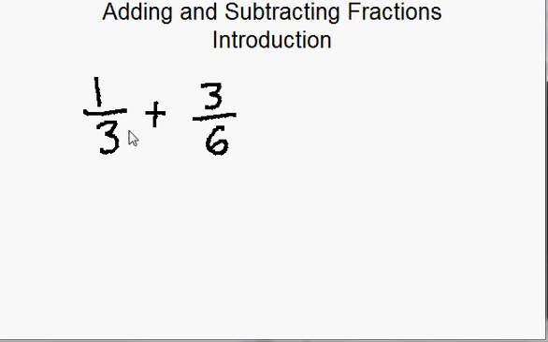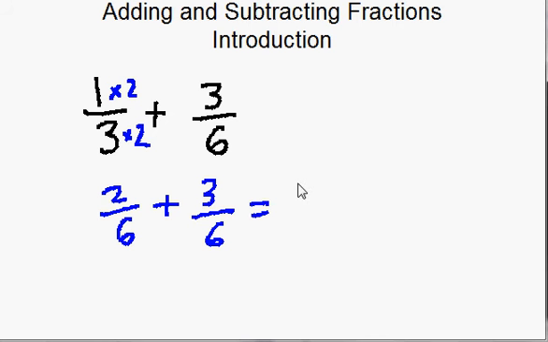So it's usually finding a common multiple of the denominators. So what I could do on this first fraction is multiply top and bottom by 2 times 2 times 2, and that gives me 2/6 for the first fraction. And then that matches the denominator for the second fraction, 3/6. So the answer is simply 5/6.